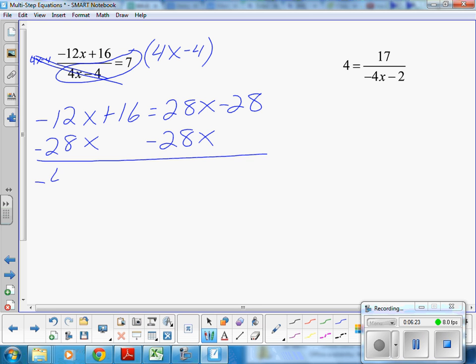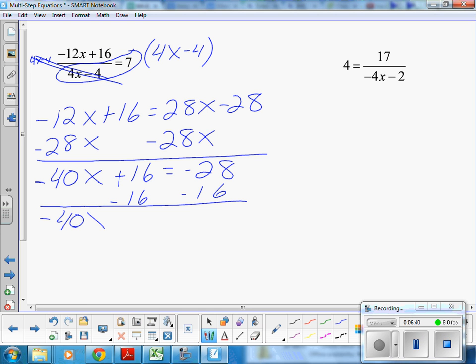This will be a negative 40x plus 16 equals a negative 28. I now have a two-step equation. So I subtract 16 from both sides. Negative 40x equals a negative 44.